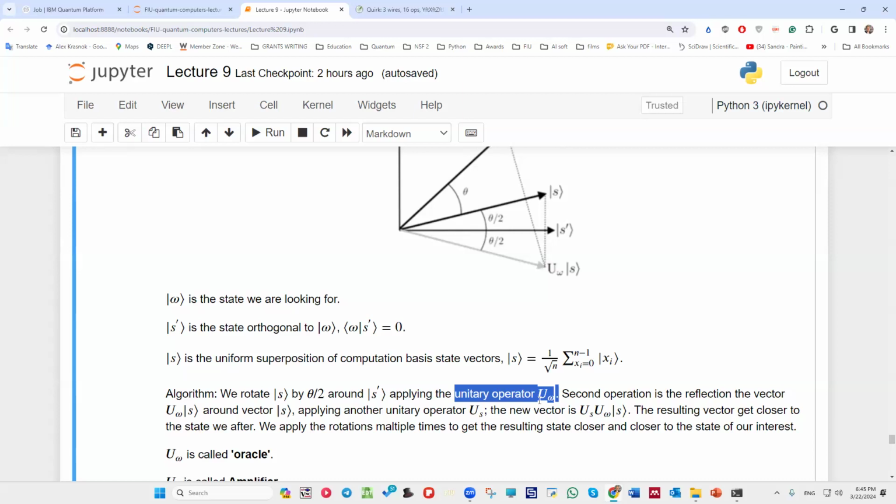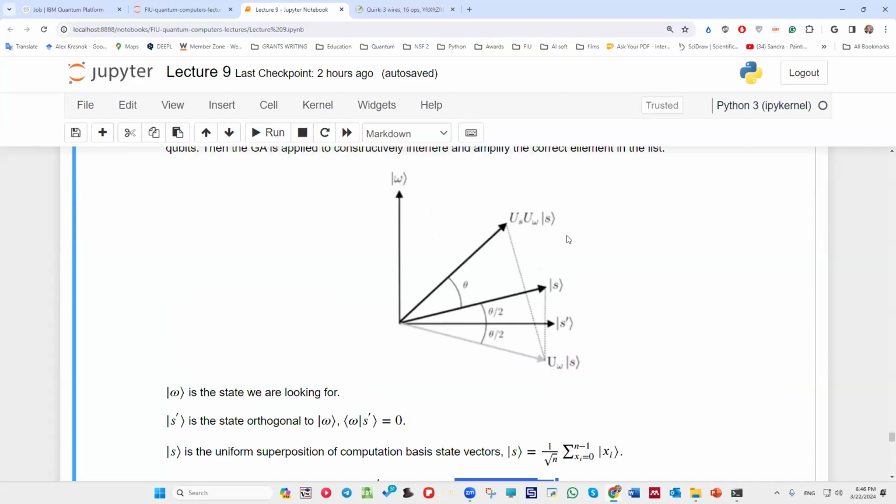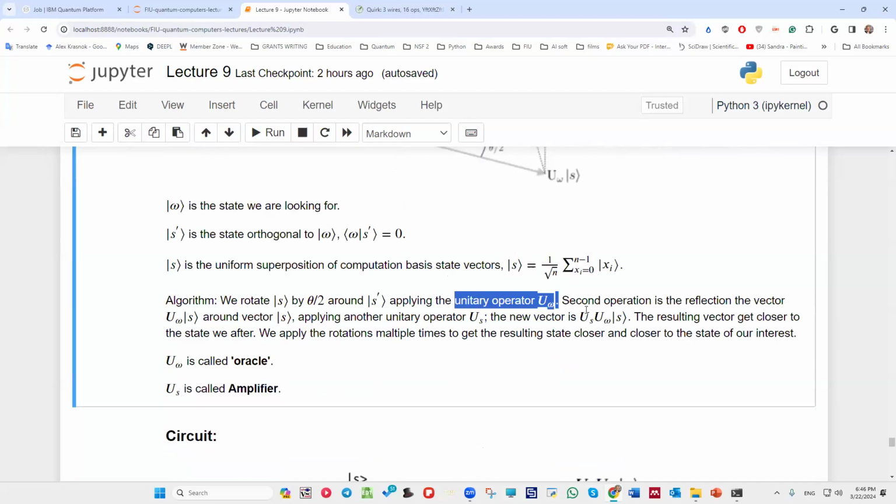And square root of x is another example of a non-unitary operator, but applying it twice, square root of x squared, is a unitary operator. So this U omega is a unitary operator that creates another vector here, and this vector is essentially the result of rotation of vector S around vector S prime, which is, I remind you, orthogonal to the state omega.